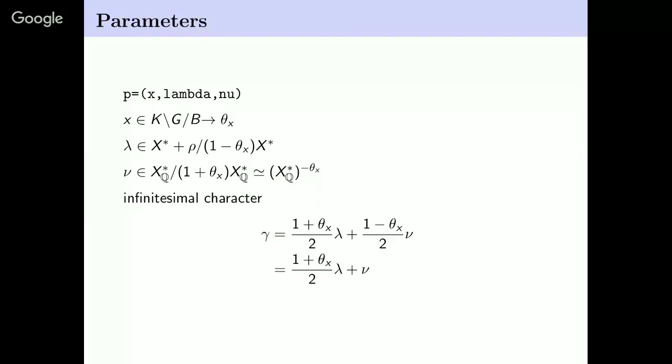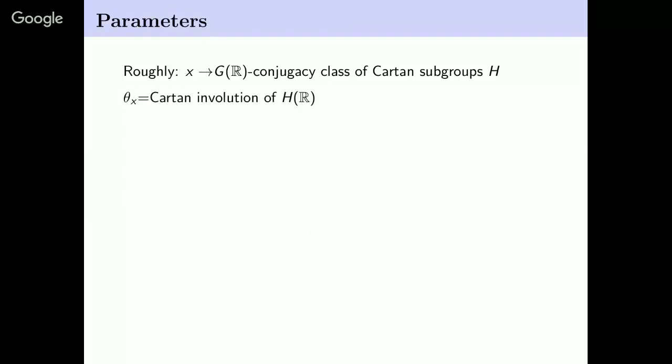Okay, so roughly speaking, as I mentioned last time, this x is giving you a Cartan or a Cartan subgroup H, or a conjugacy class of Cartan subgroups. Well, the simplest thing to say is that the Cartan involution of this real Cartan is given by theta_x.